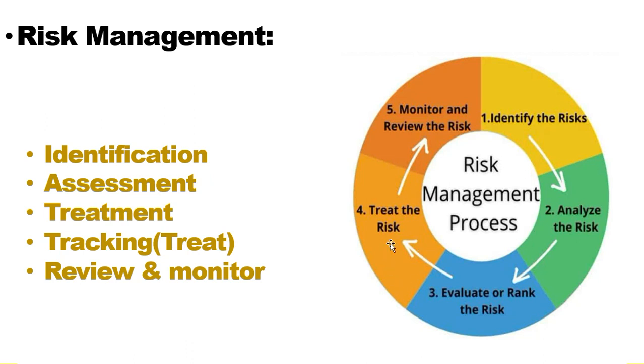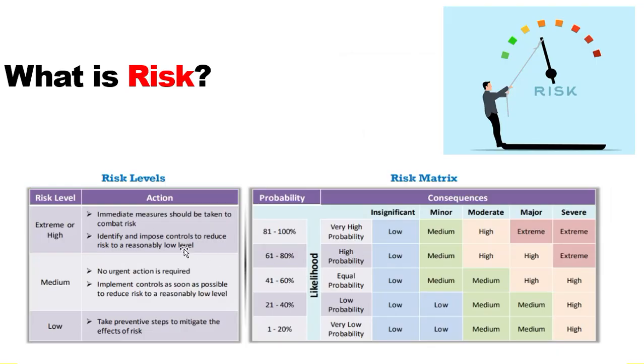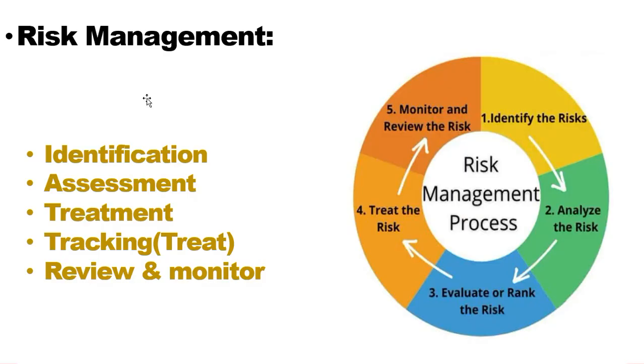Then the third one, treat the risk. How to treat? Let's say you have now identified and listed the metrics and levels about the assets you have in your infrastructure. Now you need to plan or define your strategy for how to treat them.